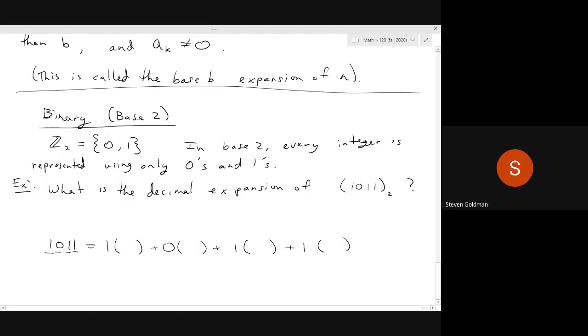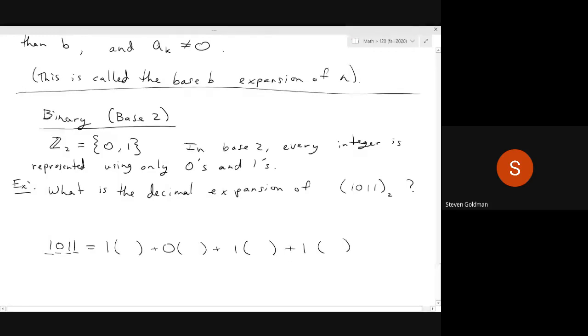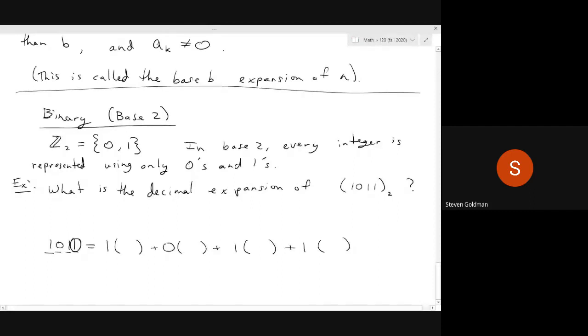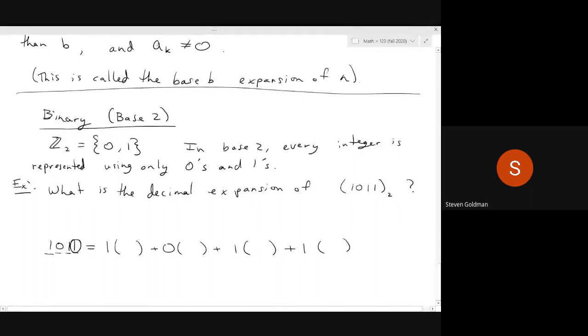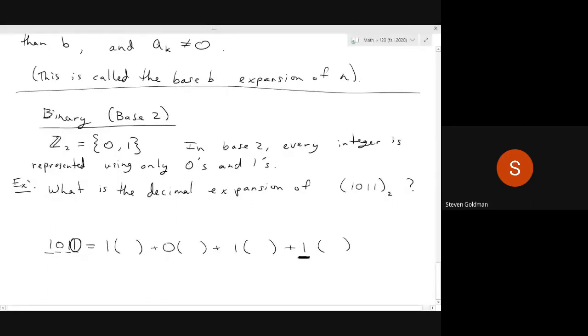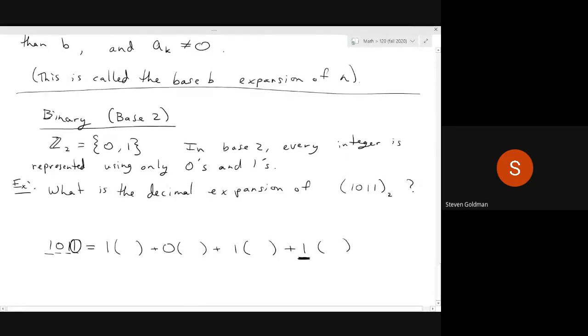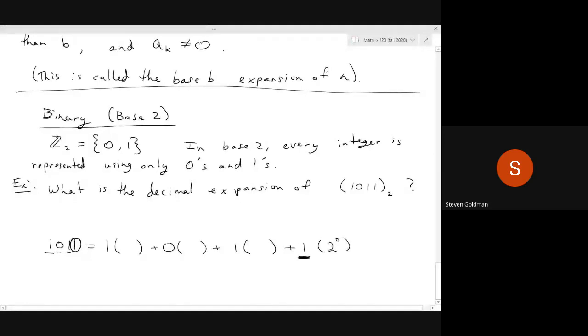Let me go all the way over to the right first. The first one all the way to the right is multiplied by 2 to the power of 0. Everything is going to be multiplied by powers of 2. Starting all the way out on the right, I start with 2 to the power of 0. As I move to the left, each time the power of 2 increases by 1. So it starts with 1 times 2 to the 0.